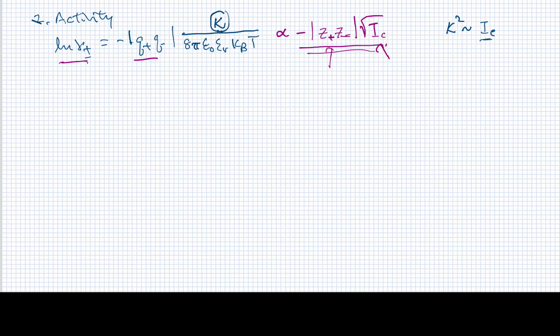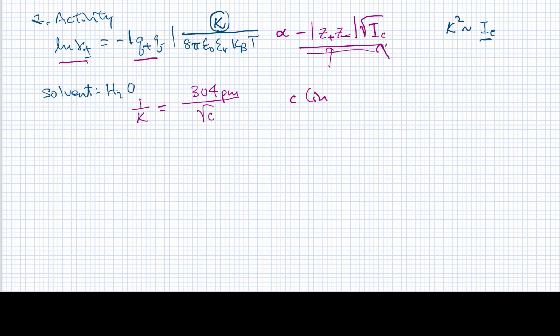Now, a couple of things that I want to mention here, and one is that a lot of the solutions use as a solvent water. So it's useful to know some of the shortcut formulations that one can use when you have water as your solvent. For example, the quantity 1 over kappa, the Debye length, can be written as 304 picometers divided by the square root of the concentration in molarity.